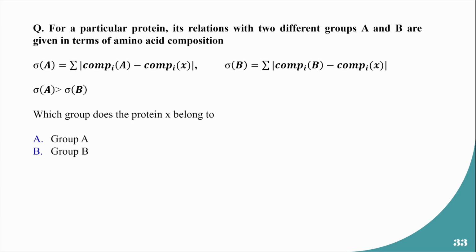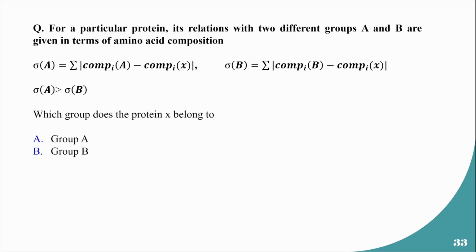So in this case, this new protein will be X, right? Then let's say you are calculating the deviation of the composition of the amino acids, basically summating for every amino acid that is present in the protein. From that, you are getting some sort of deviation values or sigma values, let's say, right?